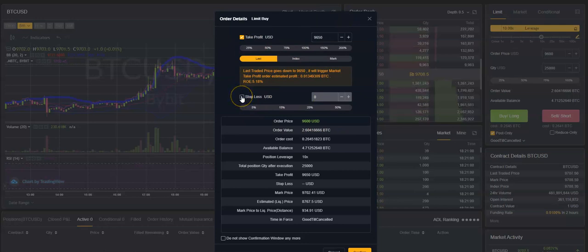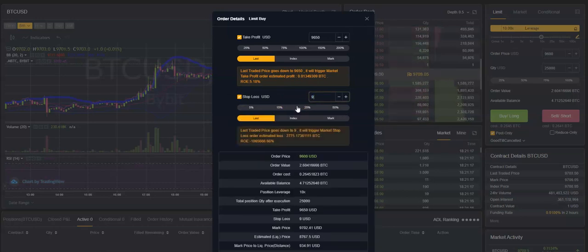Alright, cool. So if you click on stop loss, since we're doing a long at 9,600, if the market were to go against you in a negative way at, say, 9,550, you can have it accept the loss at this price. If it were to keep going down, you won't keep generating more and more losses if the market never recovers back to this price again.